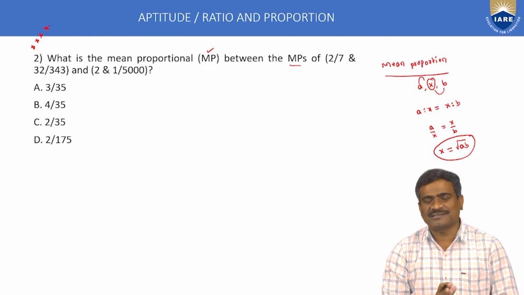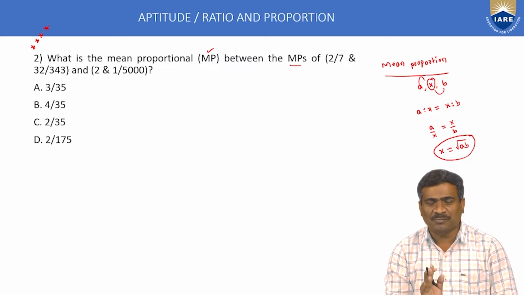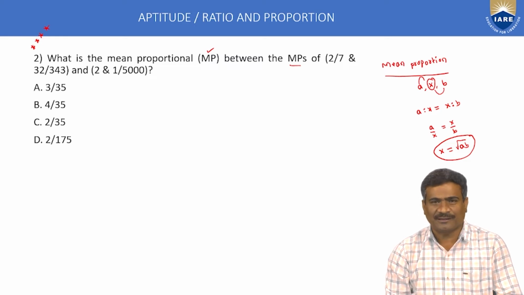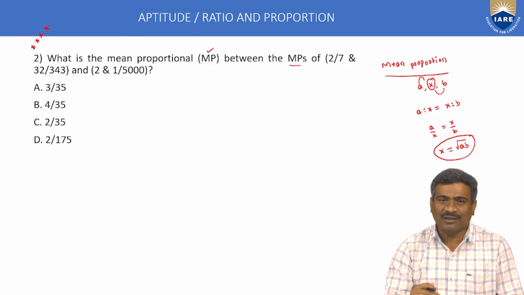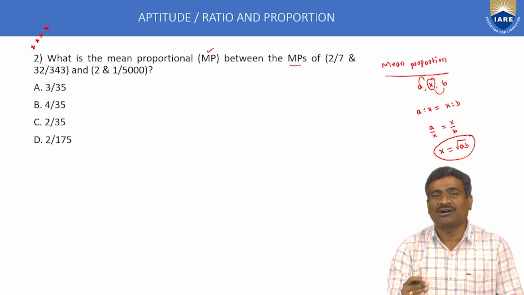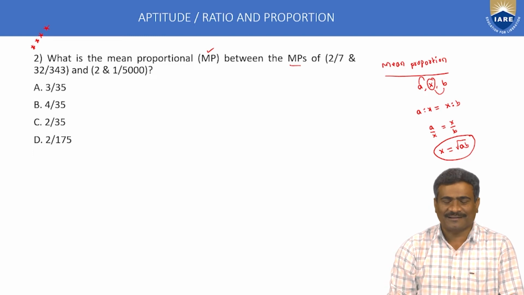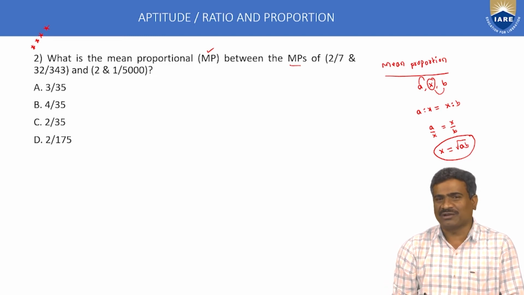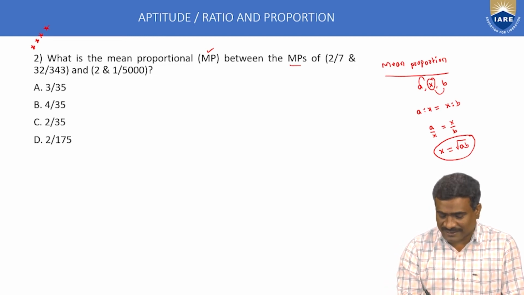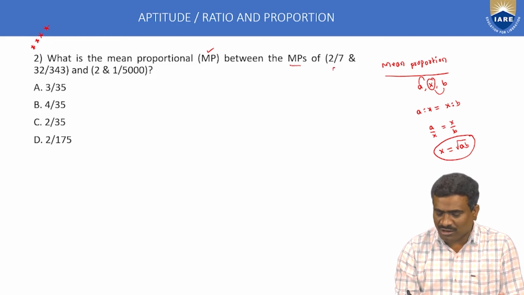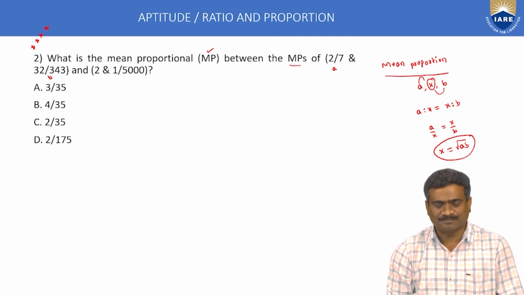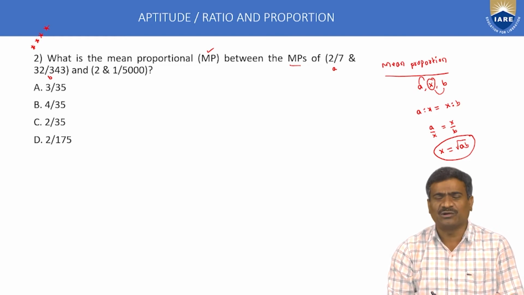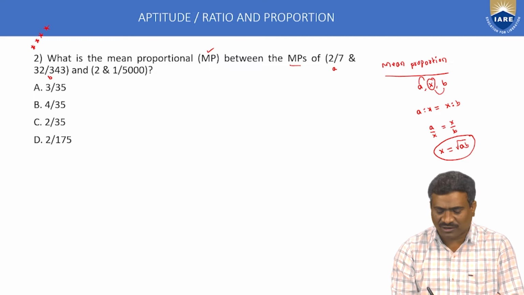The same method applies to the second example. First, calculate the mean proportion of the first bracket and the mean proportion of the second bracket. Again, find the mean proportional of the first bracket and the second bracket. That is the answer to the given example. First, mean proportional is root of AB, where A is equal to 2 by 7 and B is equal to 32 by 343.